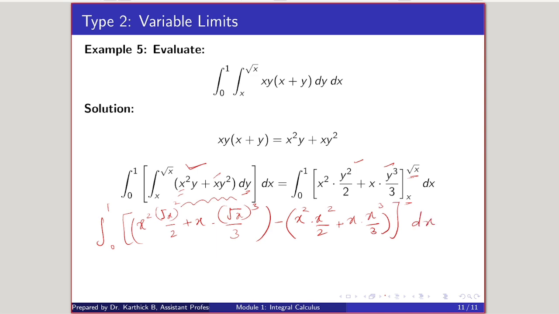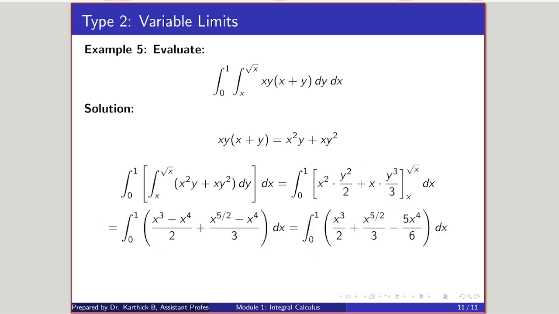So simply if you consider this, it will be x cube by 2, and here it becomes 1 by 2 plus 1 by 2 into 3, 3 by 2 plus 1, so it becomes 5 by 2 by 3, minus x power 4 by 2 plus x power 4 by 3.